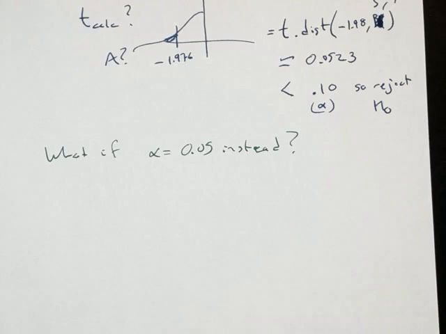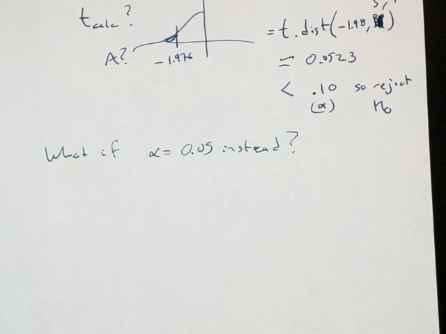So the only difference between doing Z versus T is whether I know the population deviation or not. Everything else gets treated exactly the same. So let me go back to confidence intervals. We did confidence intervals for mean where I knew the standard deviation of the population. We did confidence intervals where I didn't. We did confidence intervals for something else.